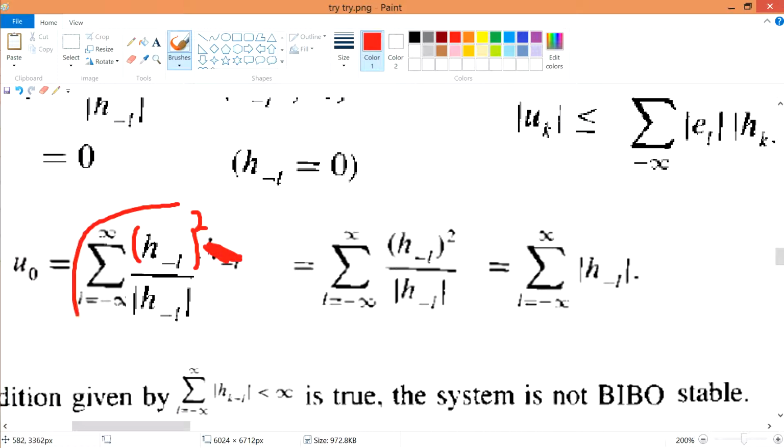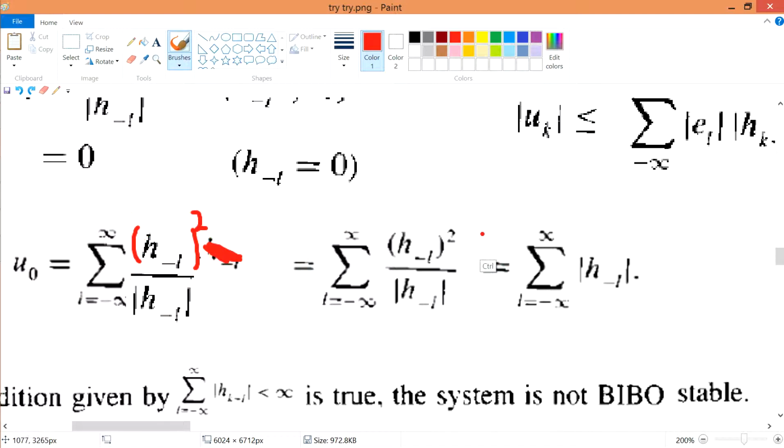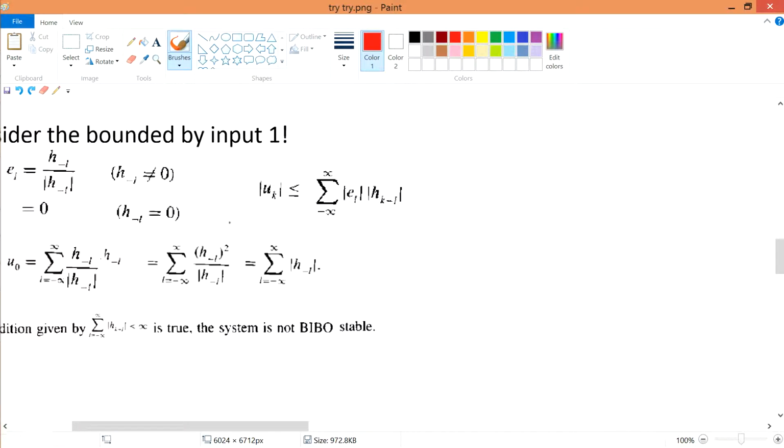So this is H minus L squared over the magnitude of H minus L, and over here the magnitude of H minus L is in fact H minus L. If I cancel this, I will have H minus L. That's all. Ta-da!